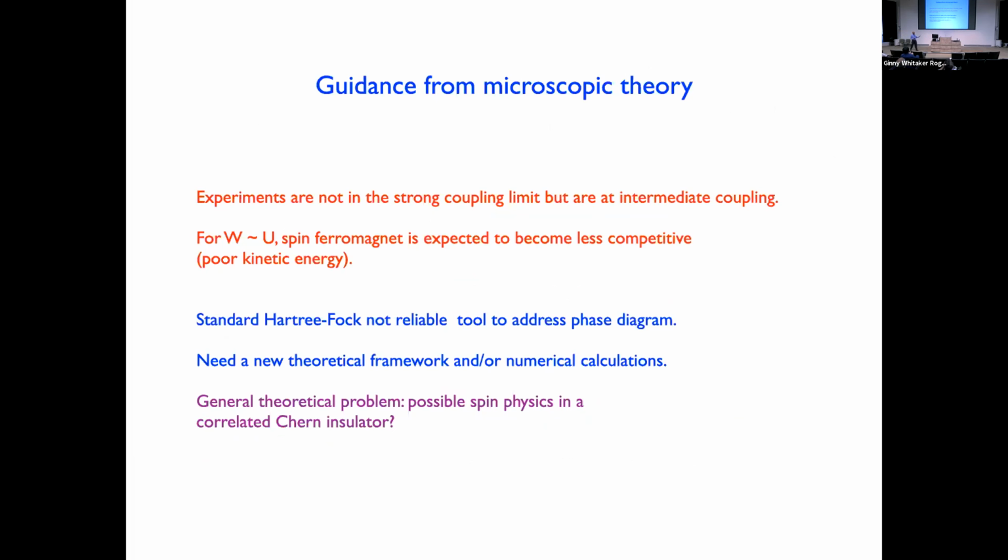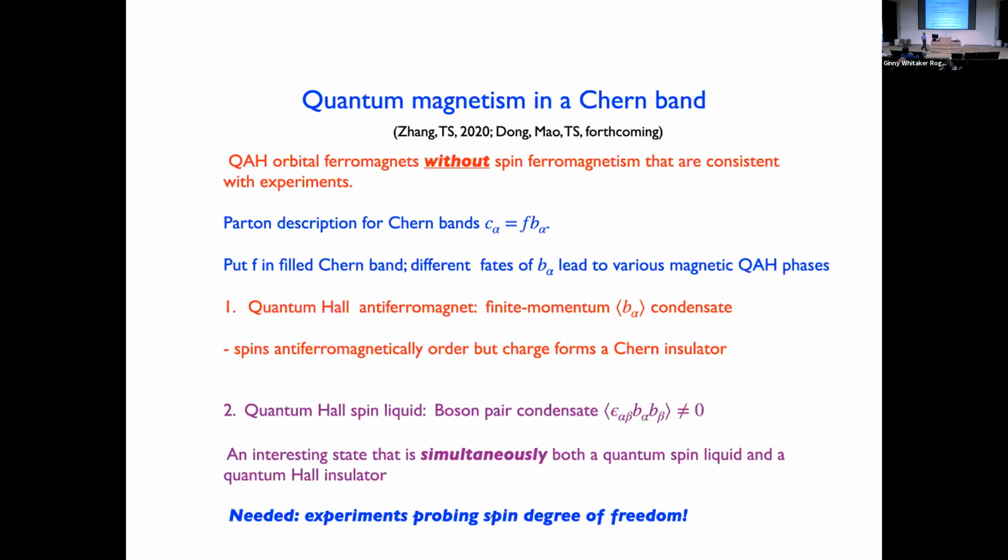You know, this is the classic reason why ferromagnetism is often never seen, right? So standard Hartree-Fock is not going to help us answer what might go on, right? So we need to solve the problem of the possible spin physics in a correlated Chern insulator with some of the theoretical techniques.